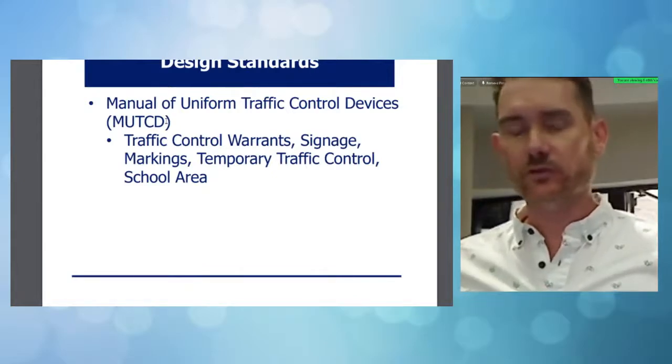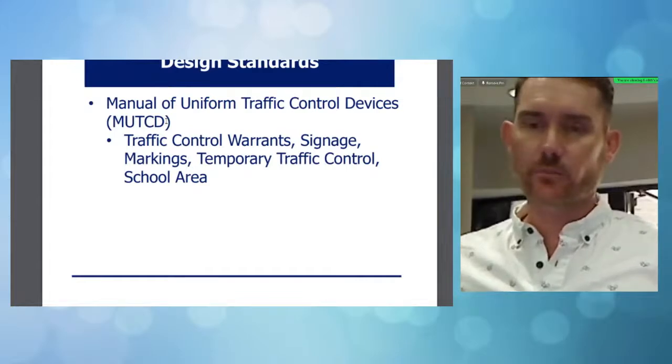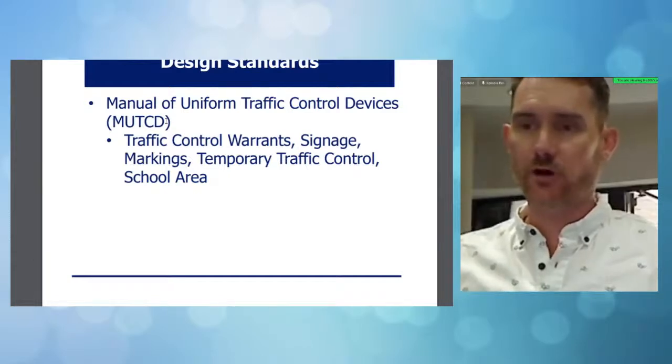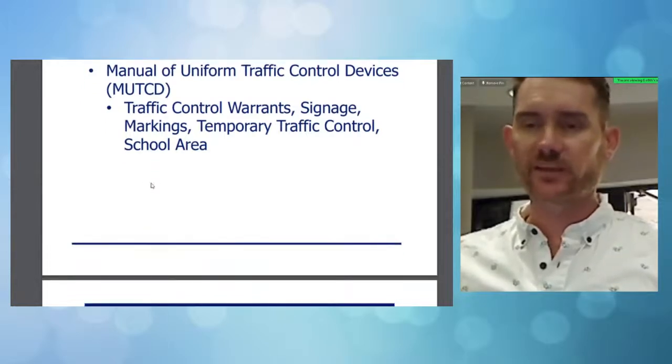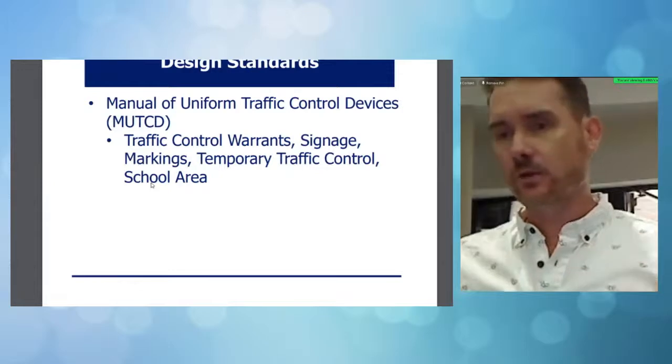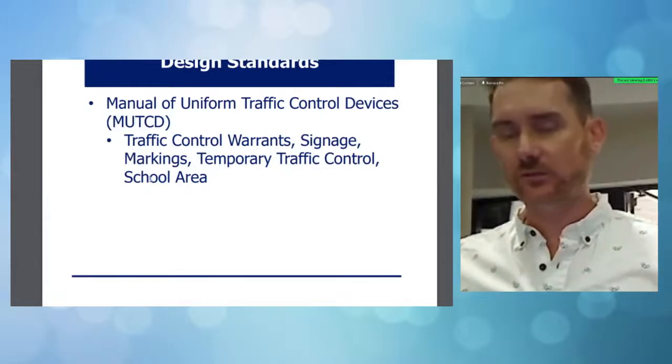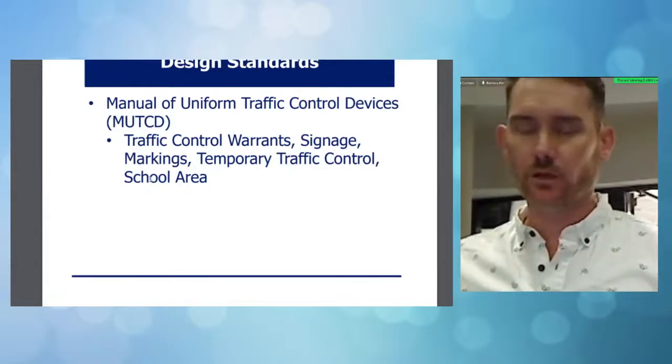So there's some technical aspects of that, but we are legally required to follow the shalls in that document. But that is another example of what we use, and also kind of ties into traffic signals and timing and crosswalks for pedestrians.